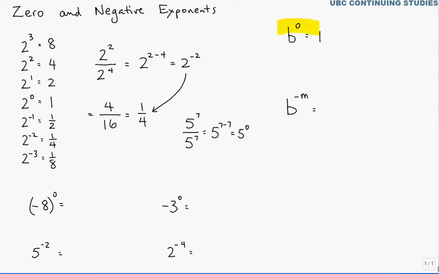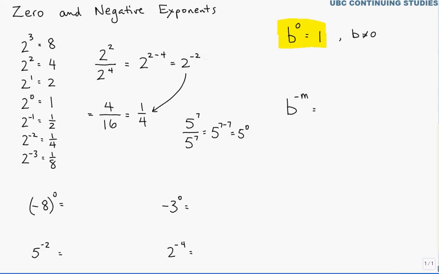So that's our first law there. Now there is one exception to this, and that is if the base is 0. You will very rarely see a base of 0. 0 to the power of anything is just 0, so there's no real point in using exponents with 0, but that is one exception.